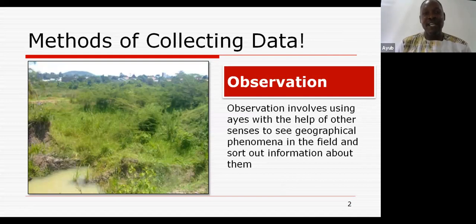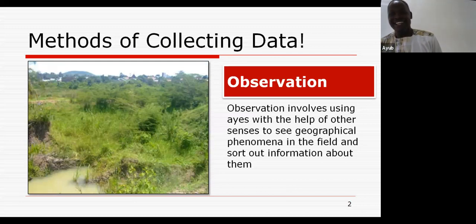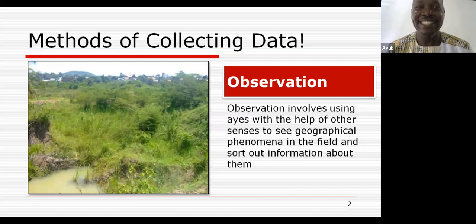It is a method of study that involves using the eyes and other senses to see geographical features in the field.